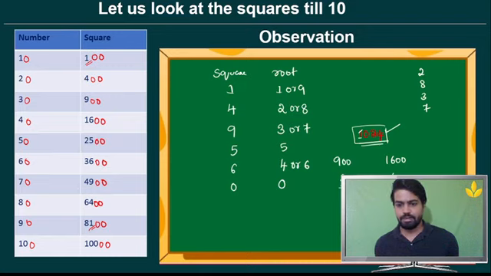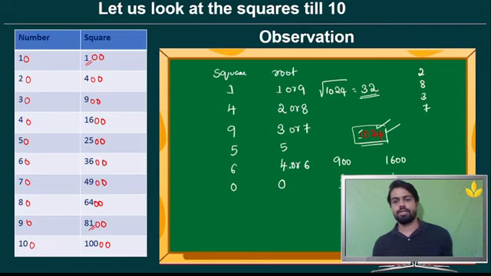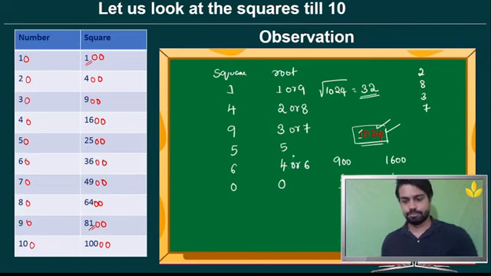It is evident that 1024 is less than 1225, so the answer is 32. You should know by this time that 32 is the square root of 1024.